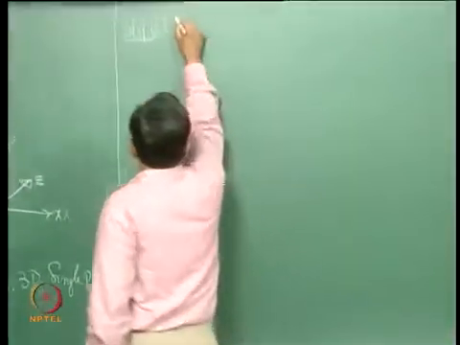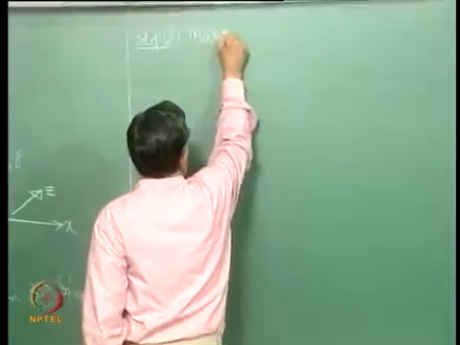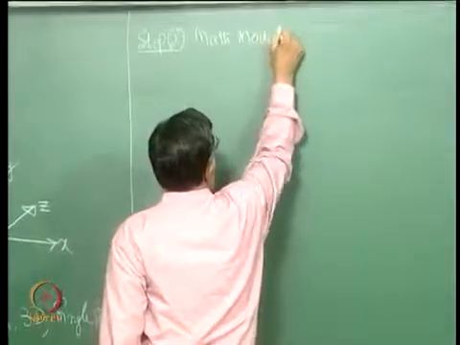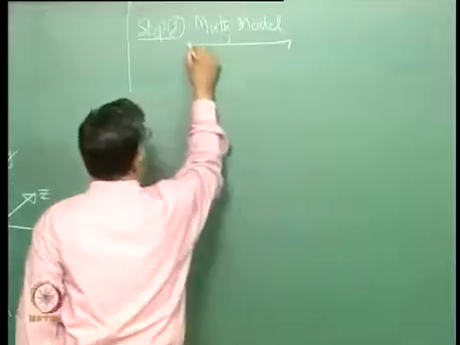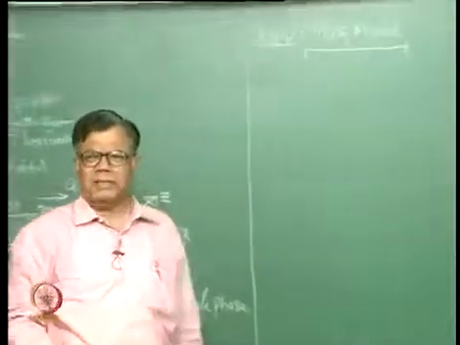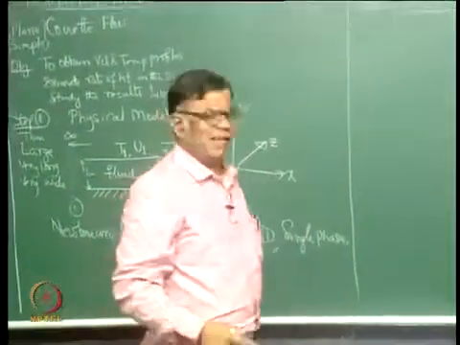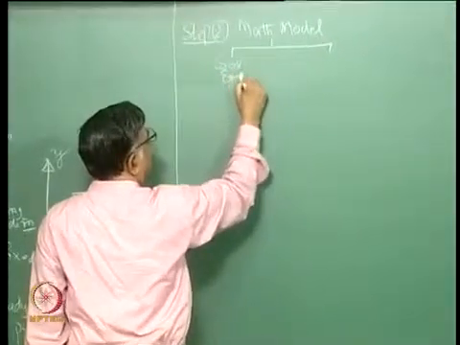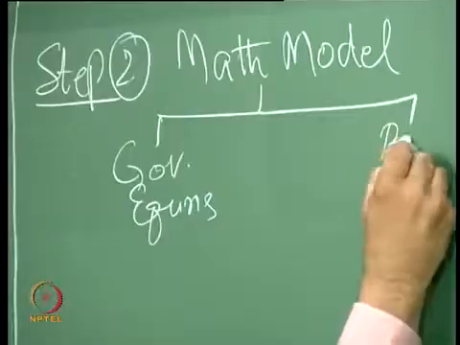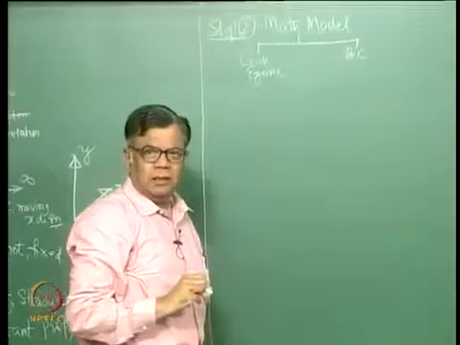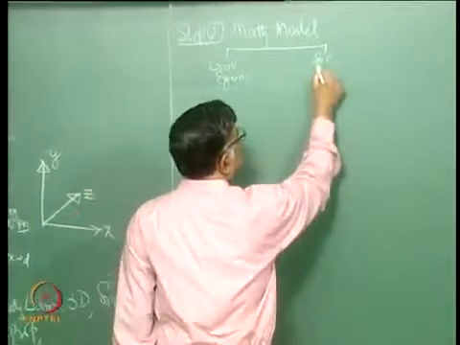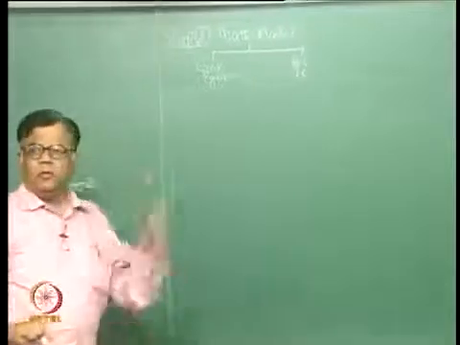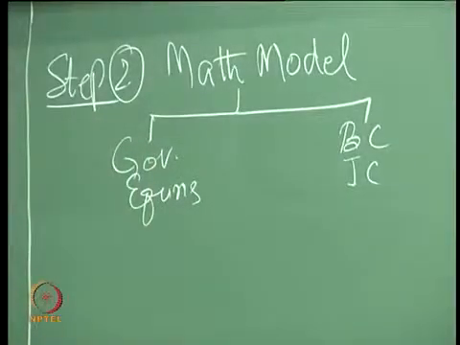So now we have to write down the math model. Math model consists of two things. What are these? Boundary conditions will come later. First, before the governing equations. Only boundary conditions. When you do this, the mathematical model is complete.